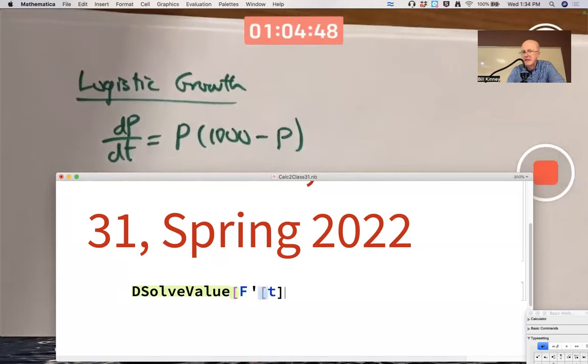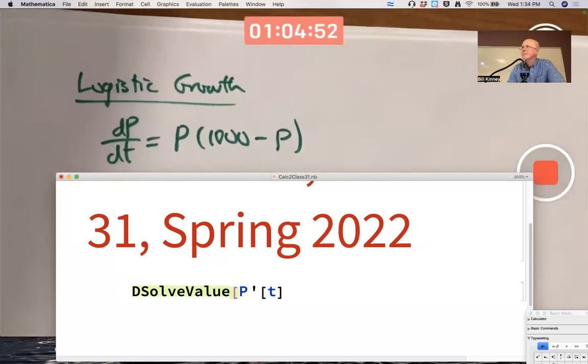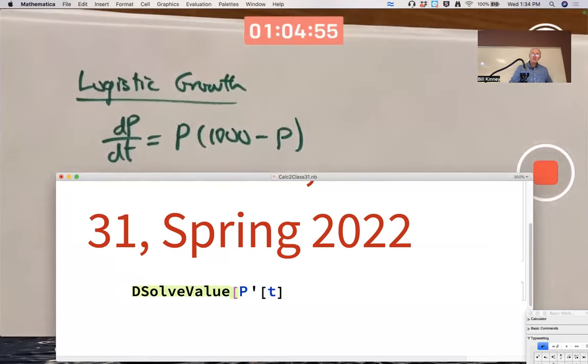Write p prime of t. You also use 2 equal signs instead of 1 equal sign. Make sure you don't make the mistake of putting 1 equal sign because it messes things up. On the right side, you put what you see, p times 1,000 minus p, but you do need to tell Mathematica that p depends on t.